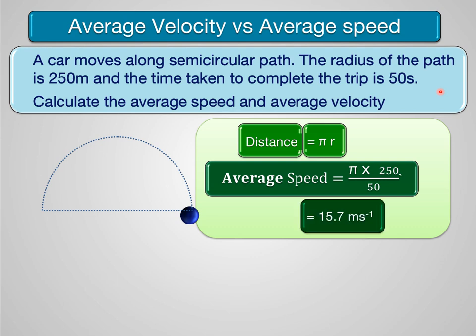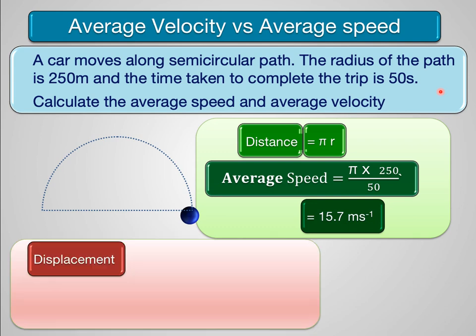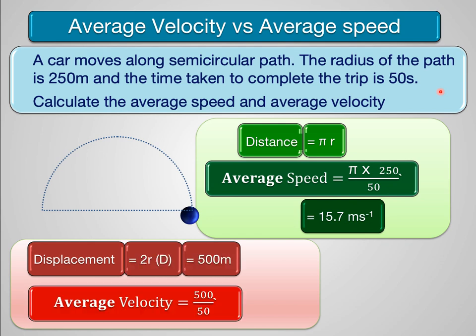So the average speed is 15.7 meter per second. But what will be the average velocity, which is total displacement over total time? The average velocity will be 10. That means the average speed and average velocity can be different.